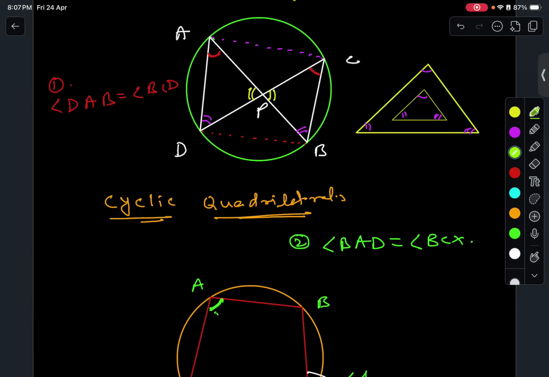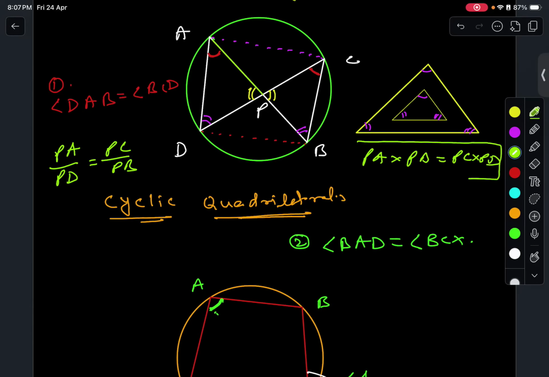Now, if they have come to me this way, can I say PA by PD is equal to PC by PB? From this I can say PA into PB is equal to PC into PD.